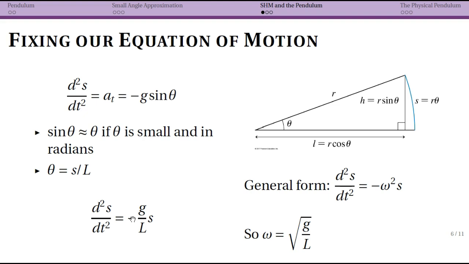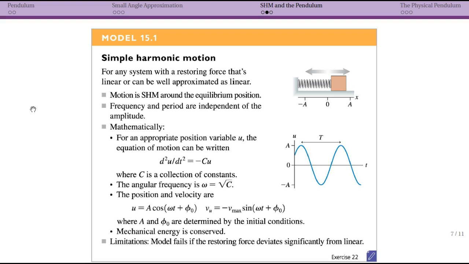That's really, really hard, really complicated, way beyond the scope of intro physics. But as long as we model the motion as being for small angles, it is then valid to use the small angle approximation, and then we get to an equation which defines simple harmonic motion. So, simple harmonic motion is a model.